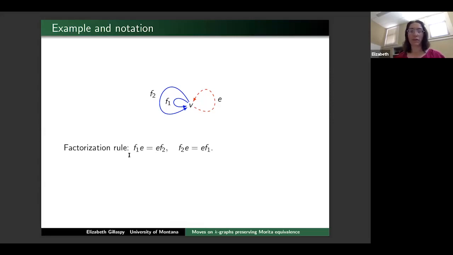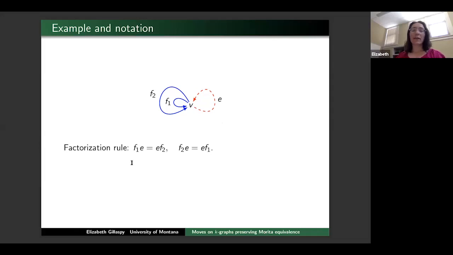I could do, as I've specified here, F2 and then E. Yeah, I read my paths right to left throughout this talk and throughout any paper of mine you'll read. That's sort of necessary in order for the nice thing that I said about the Kunz-Krieger relations, that the projection at the source of an edge is its source projection. For that to match up, I then later need to read paths from right to left. So that's what I do.